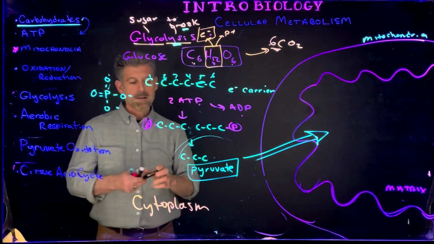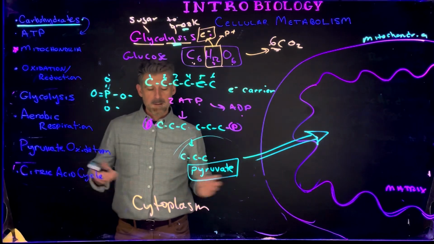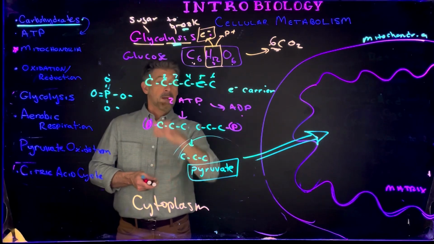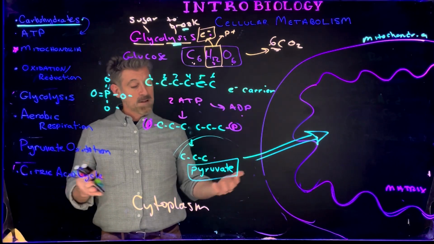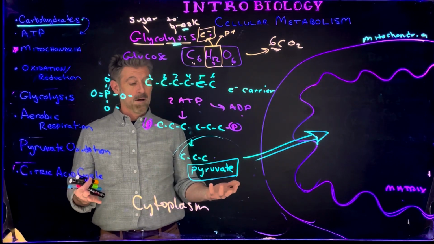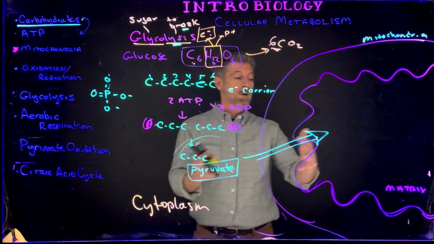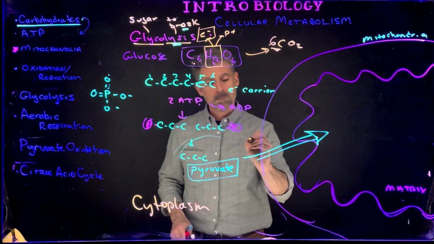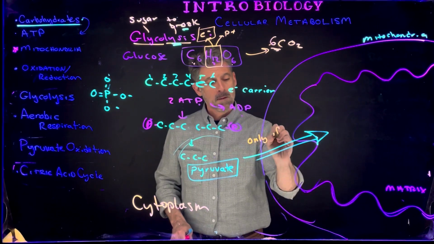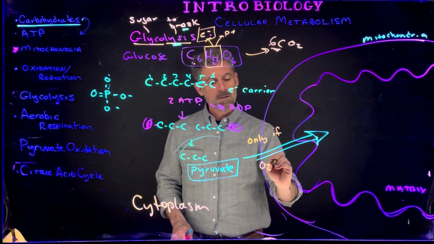And for all cells, it'll be in the cytoplasm. So for bacteria, plants, animals, everything in the cytoplasm. The other reactions will still happen in the cytoplasm for bacteria, but for our cells and for all eukaryotic cells, the pyruvate has to go into the mitochondria to continue. It'll only go in if oxygen is present.